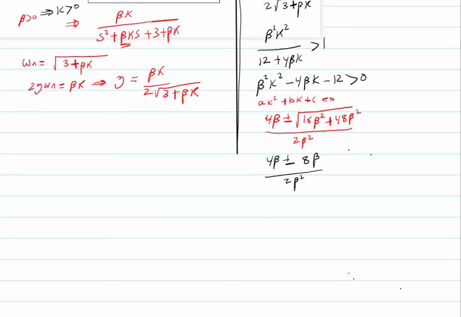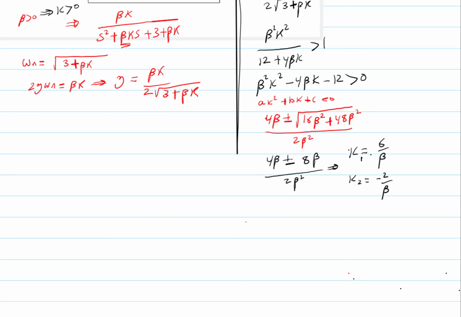So this means that we have the first root, k equal to the plus, which will be 6 over beta, and the second root, which will be the minus, which will be minus 2 over beta.